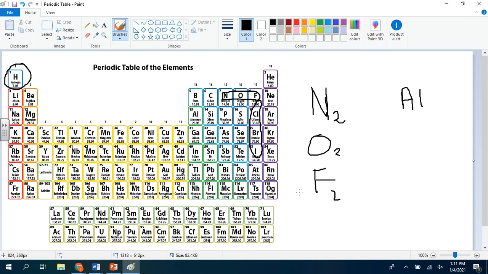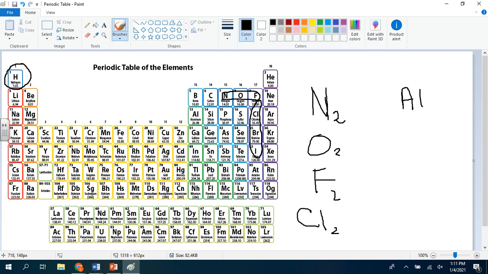And I know my writing's bad. I don't have my pen attached, so I'm just doing it with the mouse. But you get the idea, okay? Any of these right here, 1, 2, 3, 4, 5, 6, 7, that you write by themselves, put that little 2 after it, okay? Because they're diatomic. Any other element you write by itself does not need the little 2.